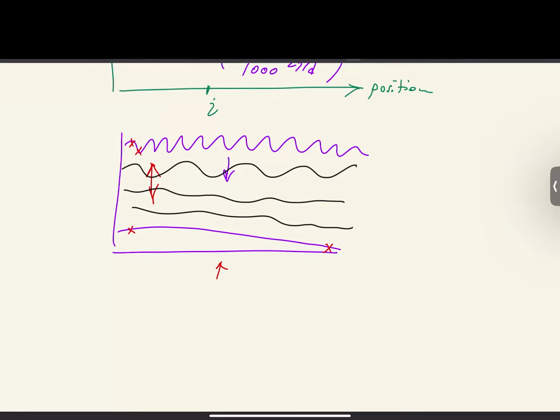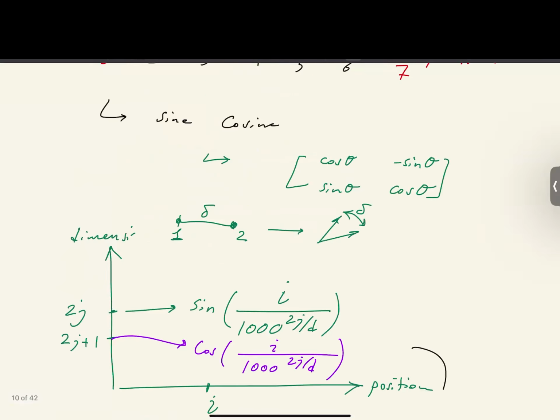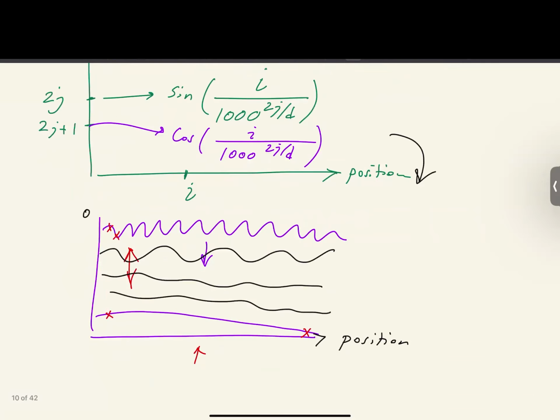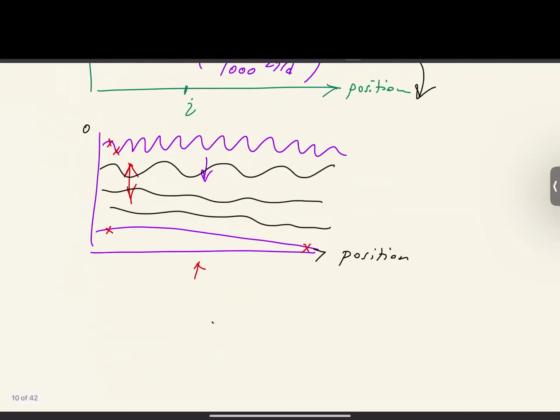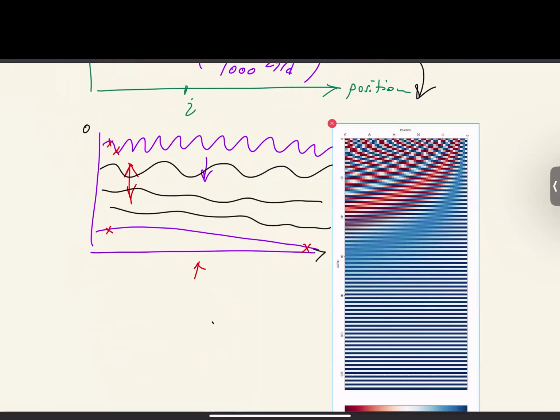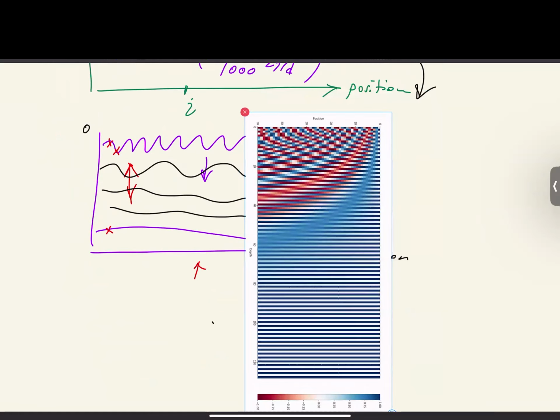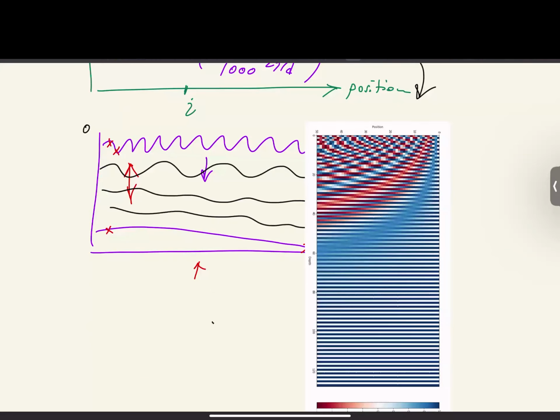If you look at each position, it will look something like this. And if we want to relate this to the very common figure, it's basically faster frequencies here, and then slowing down, and slower still.